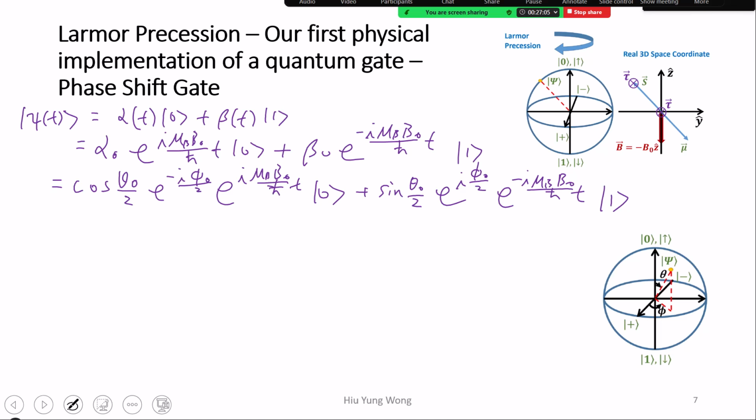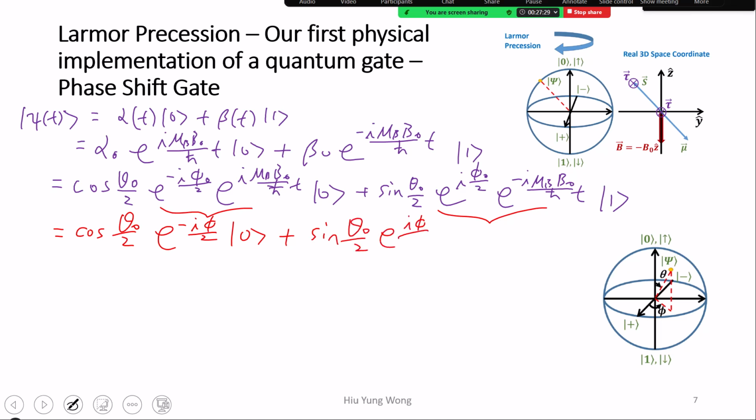But if you look at this carefully, you find that these two terms are very similar. I actually can combine it, it becomes cosine theta 0 over 2 e to the power negative i phi over 2. I don't have the phi 0 here, okay? Plus sine theta 0 over 2 e to the power i phi over 2, 1. Where phi is just equal to phi 0 minus 2 mu b divided by h bar t.